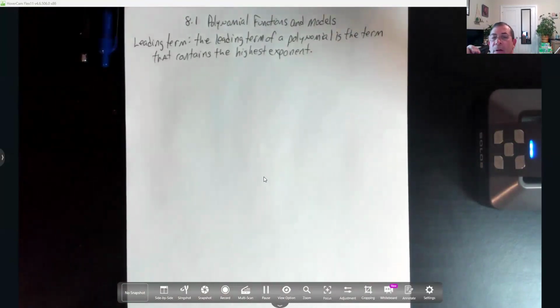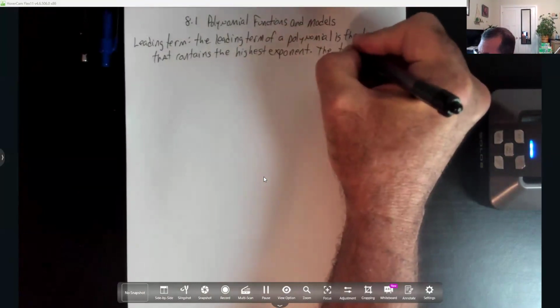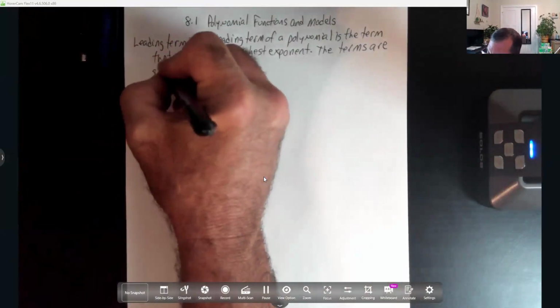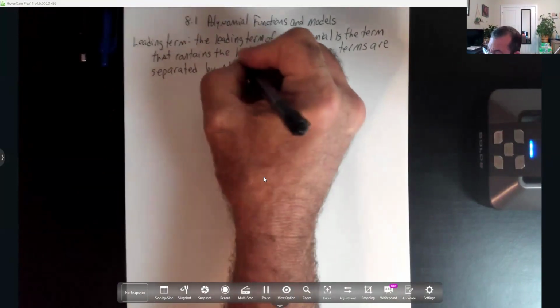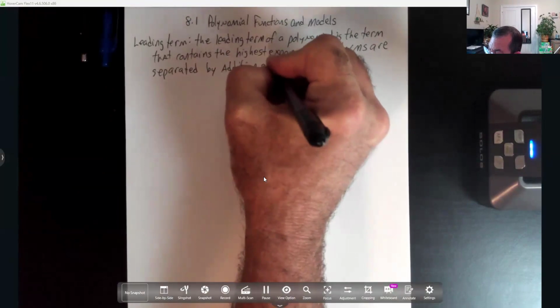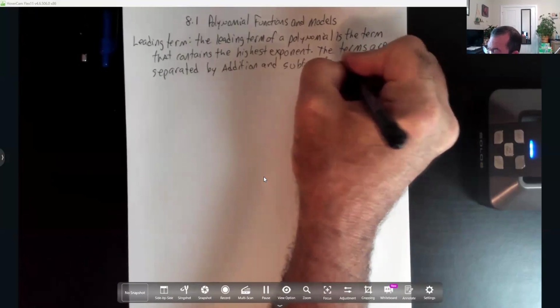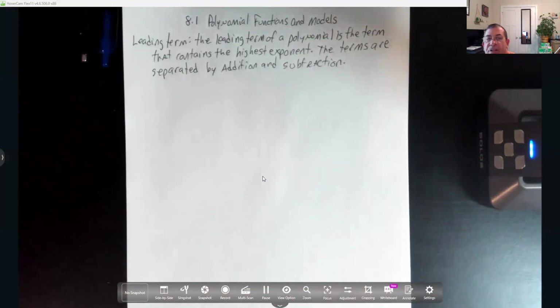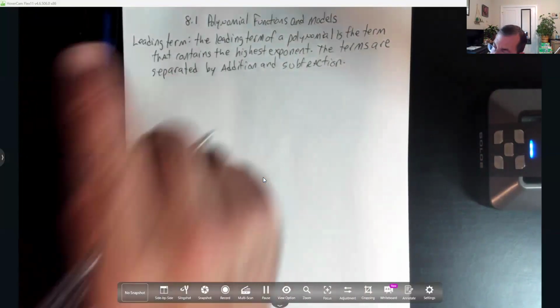Okay, now remember, in a polynomial, the terms are separated by addition and subtraction. Okay, so terms are separated by addition and subtraction, and the leading term will be the one term that has the highest exponent. So out of the leading term, we get two things.